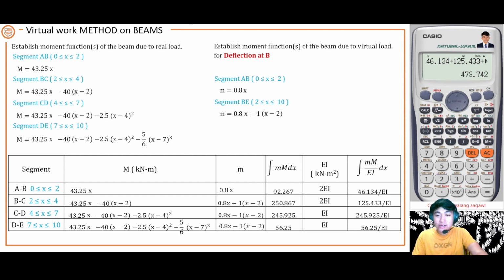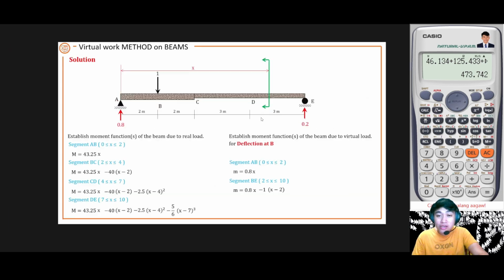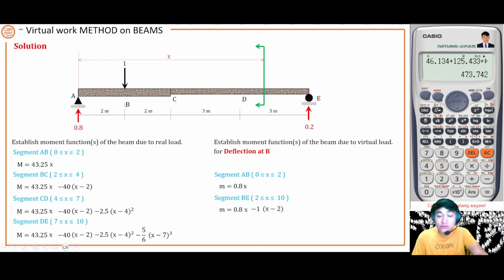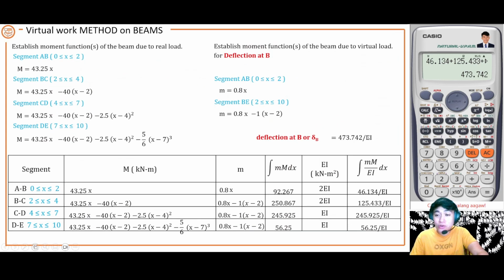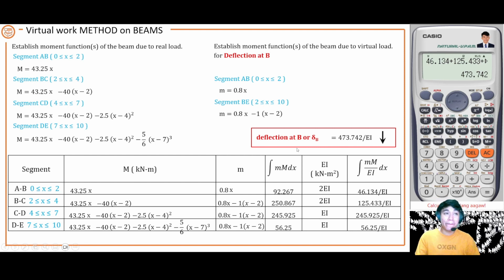So the answer is positive 473.742, and that is the deflection at B. Positive means our assumption is correct. Point B will move downward because we applied a downward virtual load. So that is the deflection at point B.